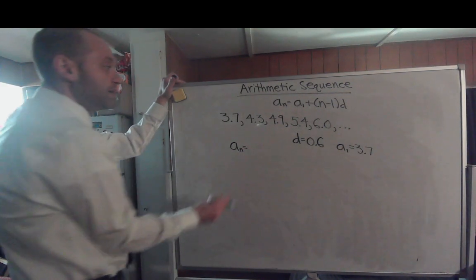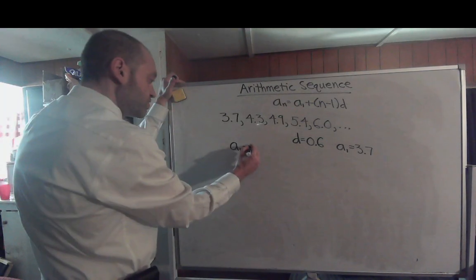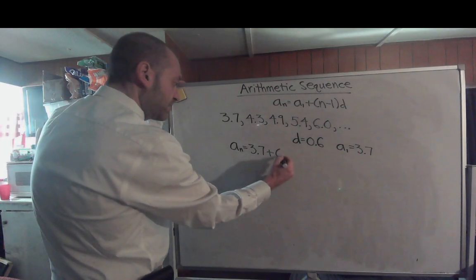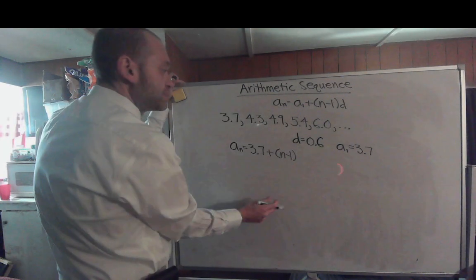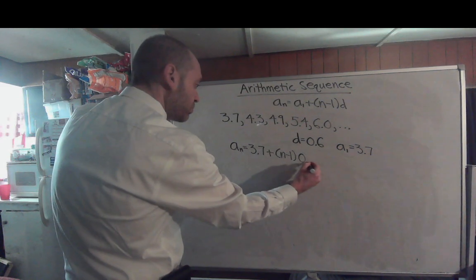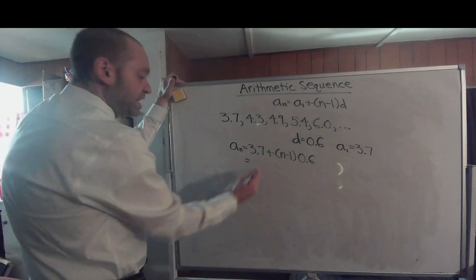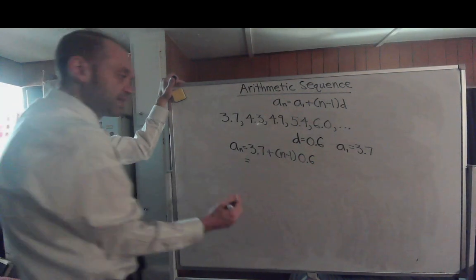So a sub n is going to equal that a sub 1, which is 3.7, plus the quantity of n minus 1 times that common difference of 0.6. Now we can simplify by distributing that 0.6 into the quantity.